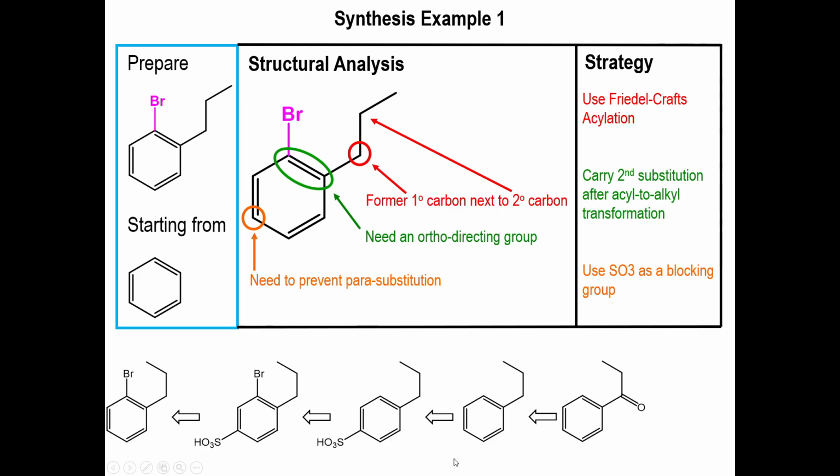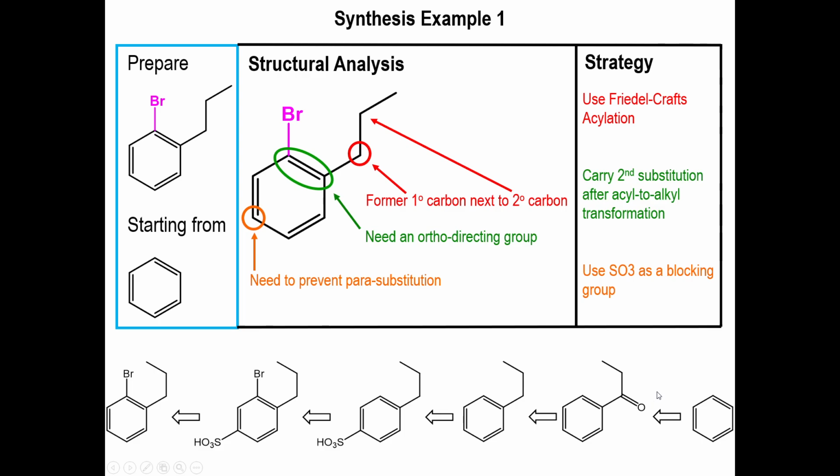And the alkyl derivative itself can be synthesized from the acylated derivative, which in order to carry out this reaction, you will have to treat with zinc in HCl. And then the acylation can happen directly from the benzene ring by reacting the benzene ring with the acyl chloride derivative in the presence of aluminum chloride, or alternatively iron(III) chloride.